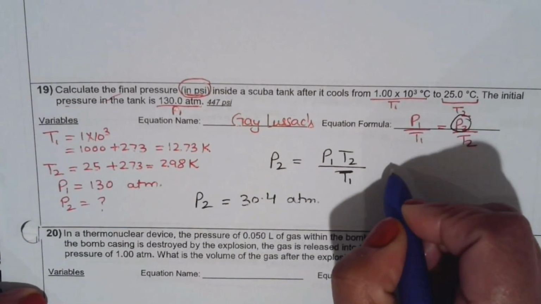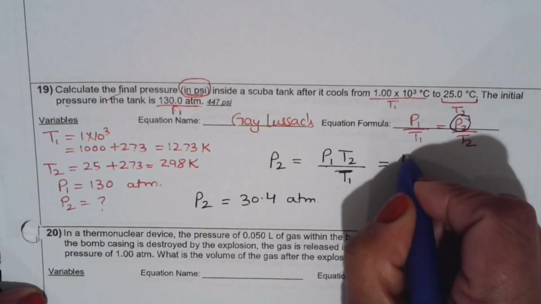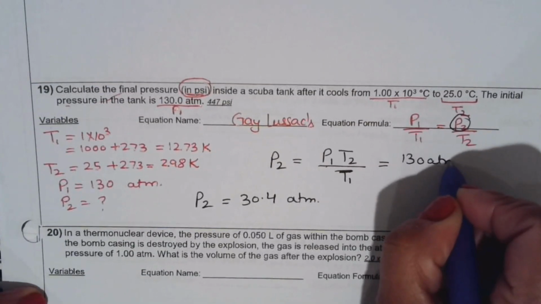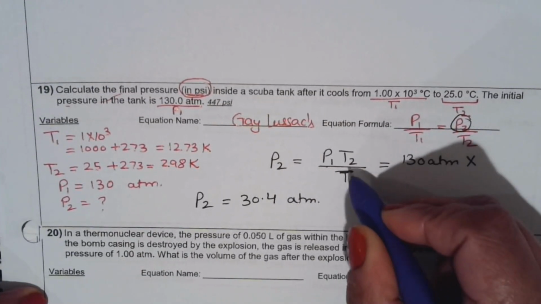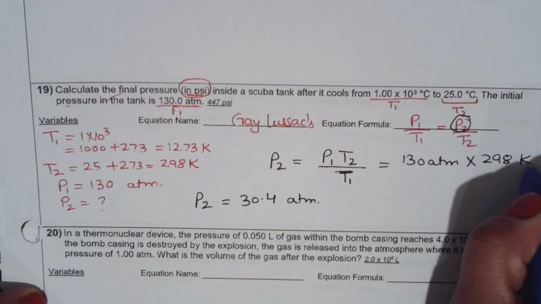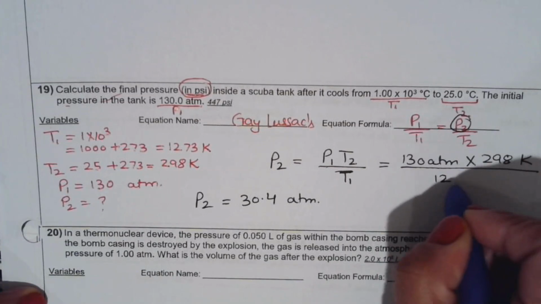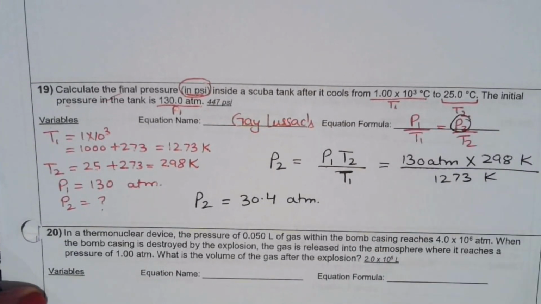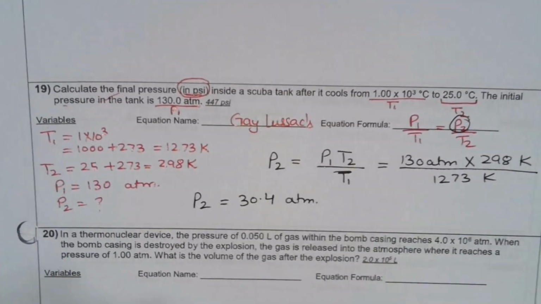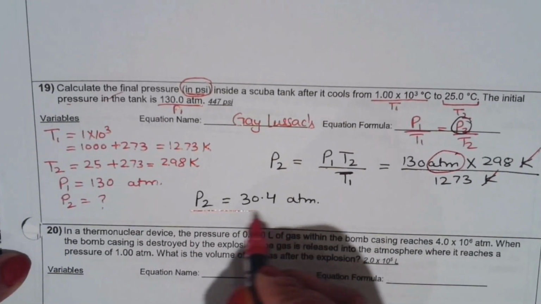You can plug in all the numbers: pressure 1 is 130 atm, T2 is 298 kelvins, and temperature 1 is 1273 kelvins. Kelvins and kelvins cancel out and you get your answer in atm.